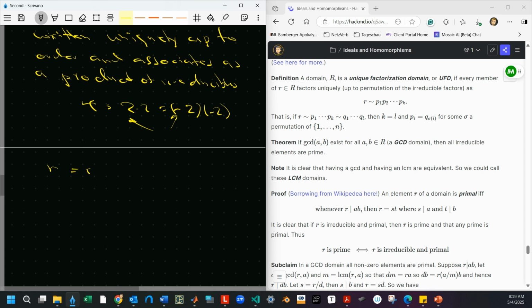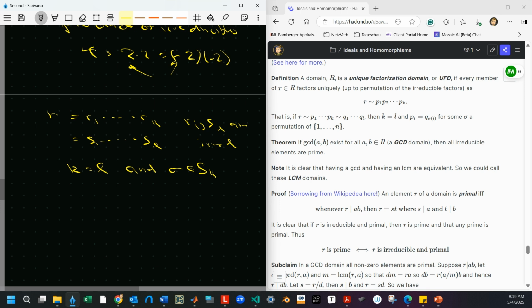This means that if I have r1 times dot dot dot times rk equals s1 dot dot dot times sl, where these ri and sj are irreducible, then I know that k equals l, and I know there's some sigma in S_k, a permutation of the numbers 1 through k, such that ri is an associate of s sigma(i).